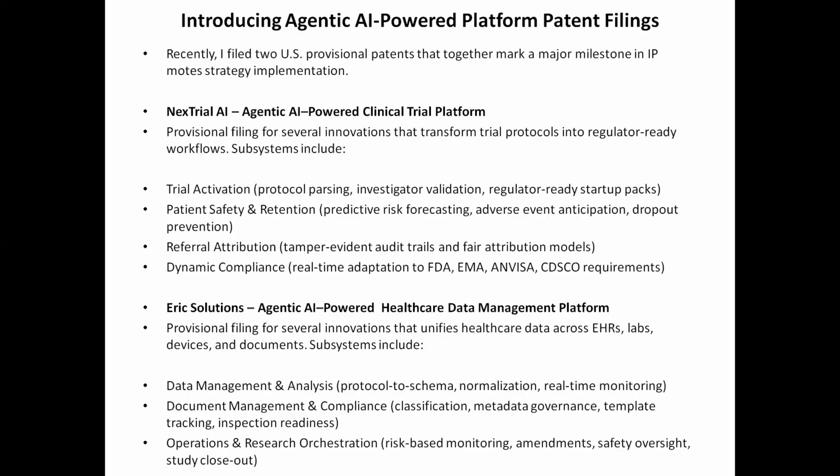So the provisional filing covers several innovations that transform trial protocol into a regulatory-ready workflow. The subsystem has several innovations at one time, to get the invention date. For example, trial activation, patient safety and retention, lift attribution, and dynamic compliance.